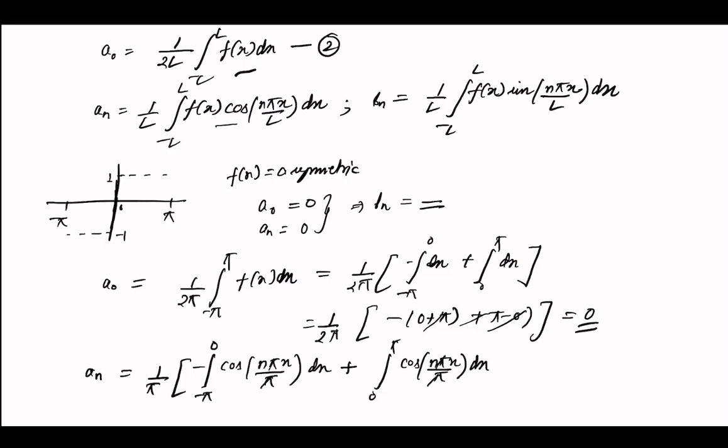Now you will just integrate it, so you will get 1 by pi, minus the integral from minus pi to 0 of cos of nx dx plus the integral from 0 to pi of cos of nx dx.